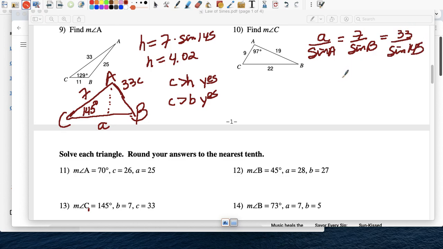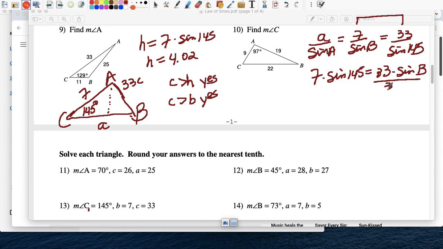So let's find angle B, because if I find angle B, I can find angle A. So I'm going to use these two. I get 7 times sine of 145 equals 33 sine of B.